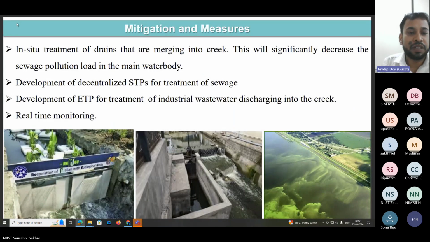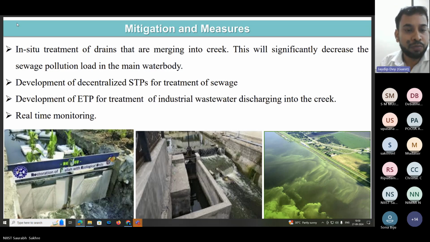In situ drain treatments can be a great application for this. This is one of the award-winning studies for rejuvenating water quality of a water body. And this is simply with the phytoremediation technique, and we can use some diversion of wastewater, and after treatment of that wastewater we can release the water so that pollution can be minimized and controlled.